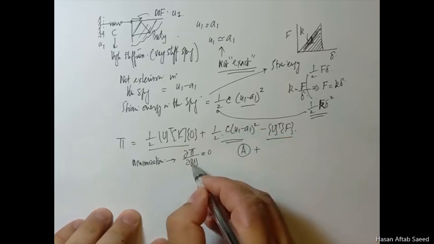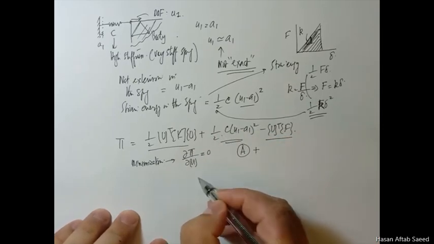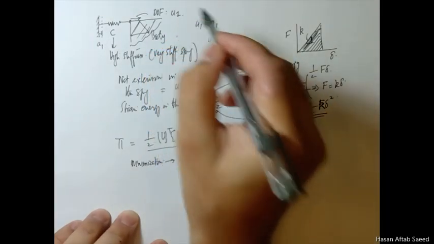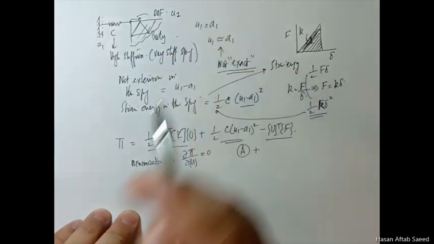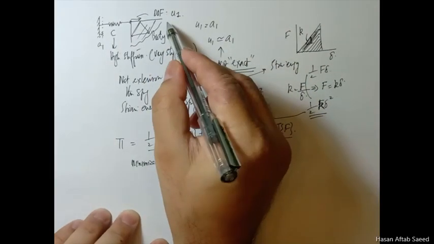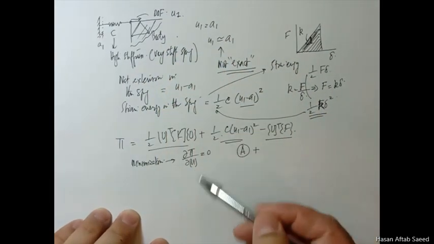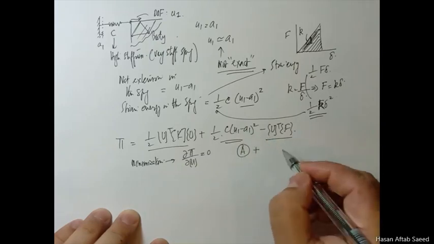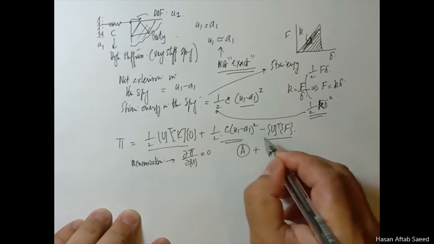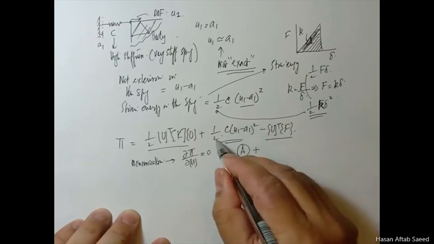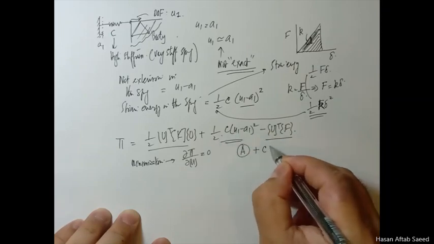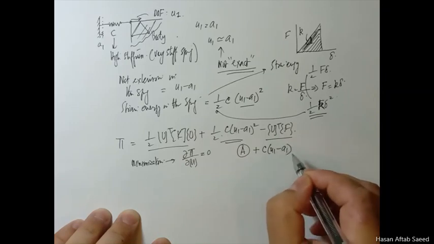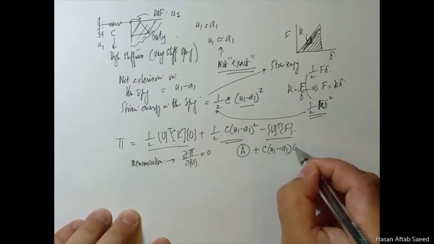differentiation of this with respect to all the u's, but in this case only u1 matters because you're only applying the boundary condition to degree of freedom 1, which is u1. Similarly, if you have many u's, then you can differentiate with respect to all those u's. You'll have different expressions here also, but in this case the only relevant thing is to differentiate with respect to u1. 2 comes down, gets cancelled, c times u1 minus a1, and then u1 is 1.